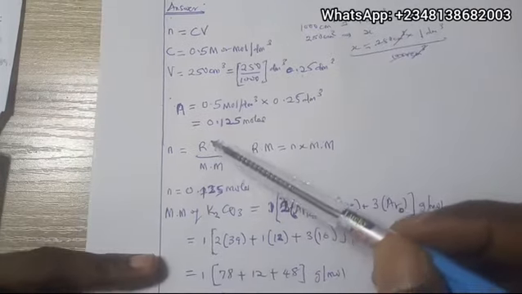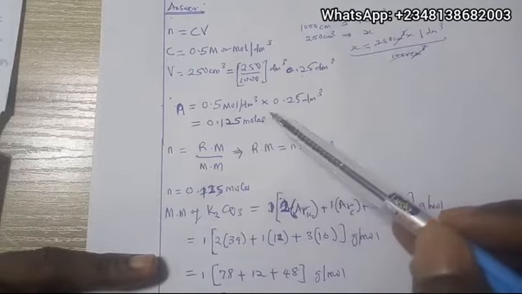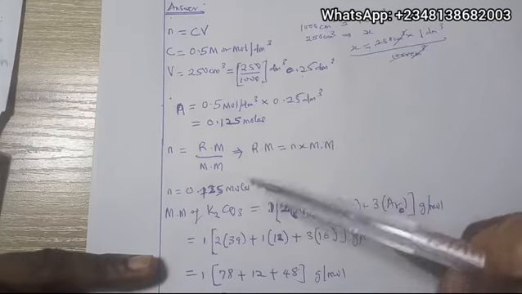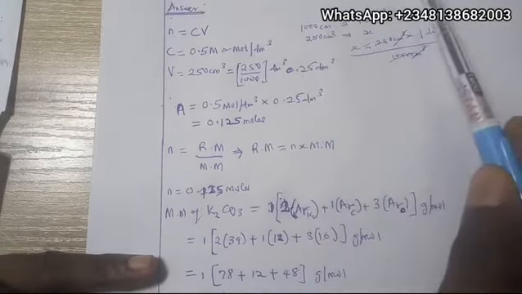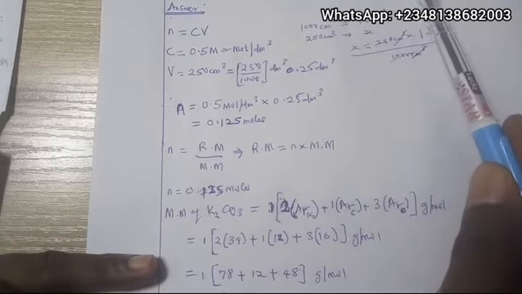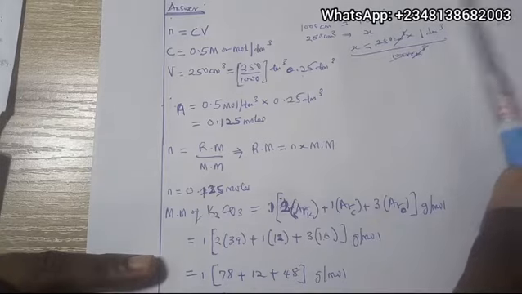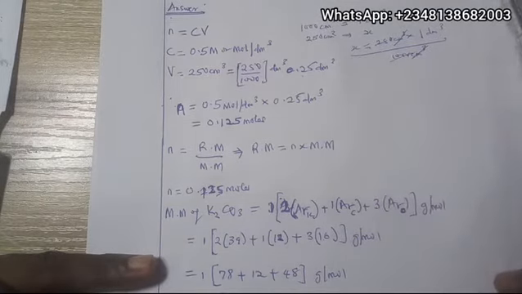So n is equal to 0.125 moles. So there are 0.125 moles of potassium trioxocarbonate(IV) in a 250 cm³ solution that has a molarity of 0.5.